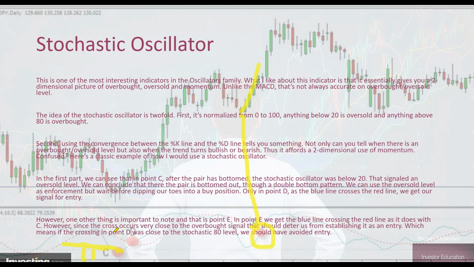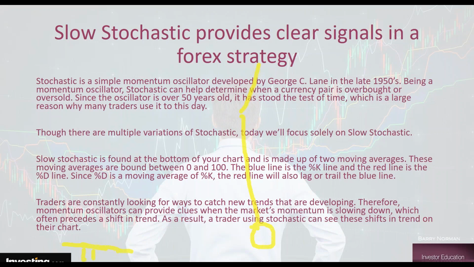But this is what we're looking for. We're looking for it in the oversold and getting the crossover, or in the overbought and getting the crossover. So it's a combination of understanding and reading it together.